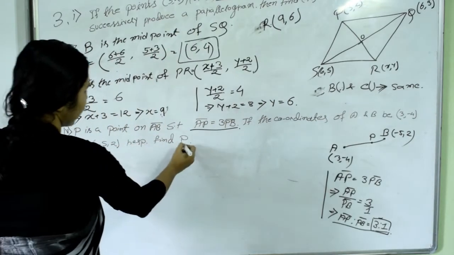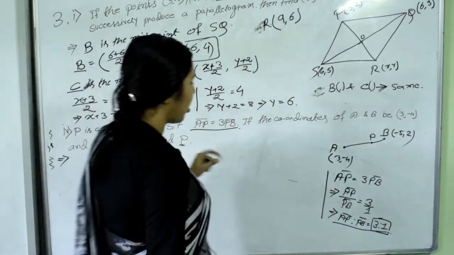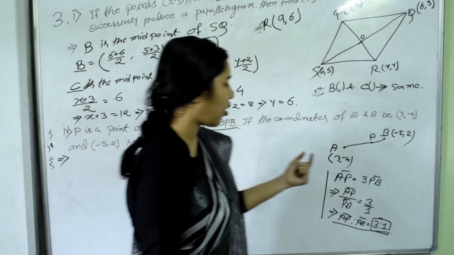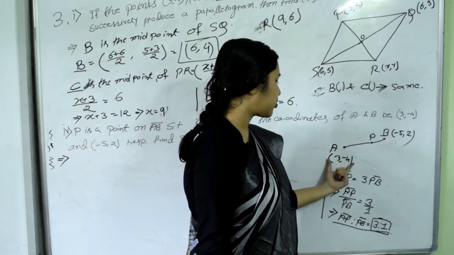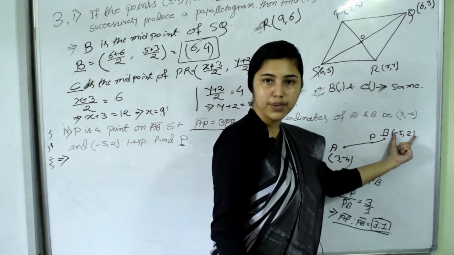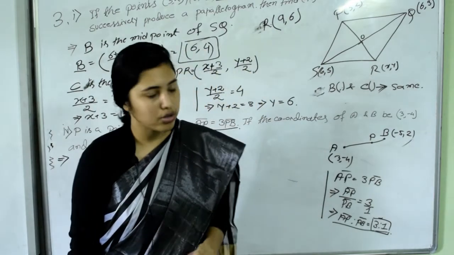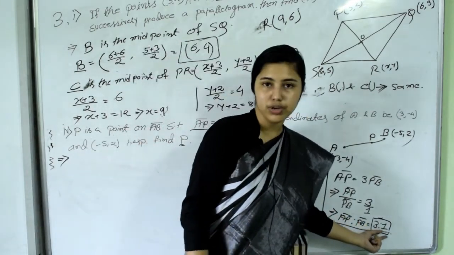Now we have to find the point P. Now the coordinates of our 2 points are 3, minus 4 and minus 5, 2, and we also know the ratio m is to n.